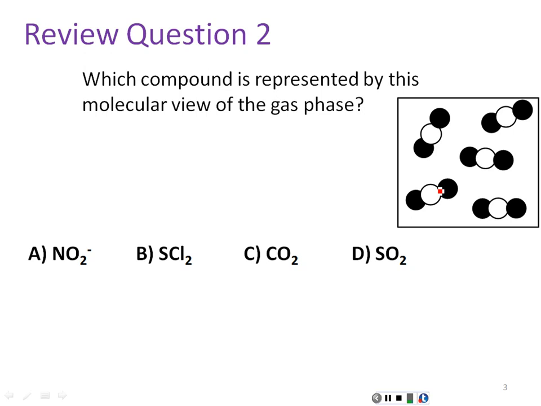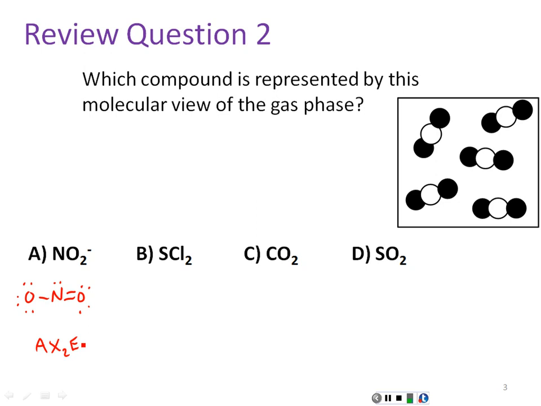So if we draw the Lewis structures, you should come up with a structure like this for NO2 minus. And what formula can we write for that? That would be an AX2E1. So that is not a linear molecule. It's actually bent.